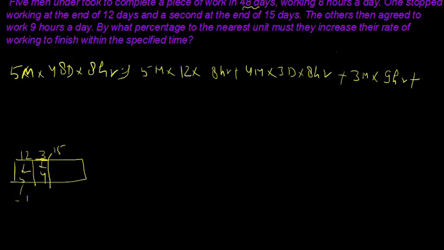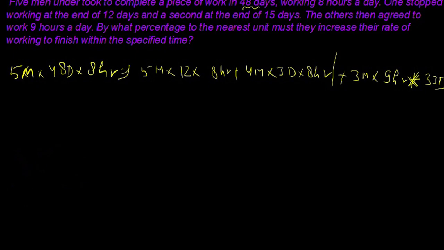Till those 15 days are completed, so I think the remaining 33 days are what they need to do this particular work. Now there's a problem. Why? Because then they agreed to work by what percentage to the nearest.